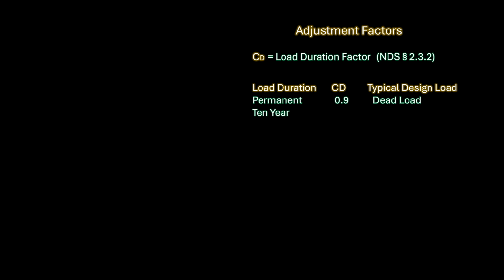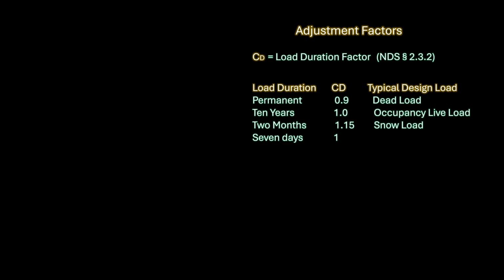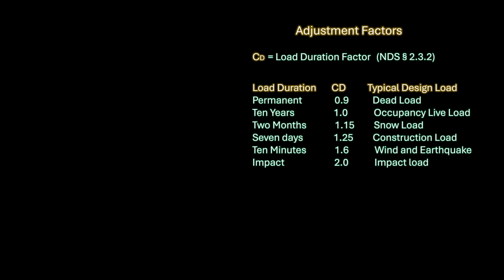For occupancy live loads with a load duration of 10 years, the factor is 1.0. For snow loads at 2 months, the factor is 1.15, while the factor is 1.25 for construction loads with a load duration of 7 days. The 1.25 factor is normally applied when considering roof live loads. For seismic and wind loading with a load duration of 10 minutes, the factor is 1.6, while the factor is 2.0 for impact loads.